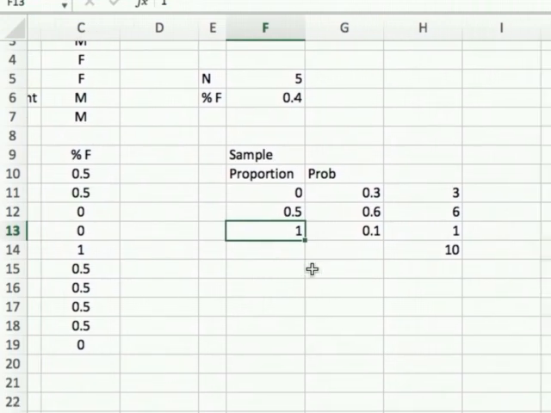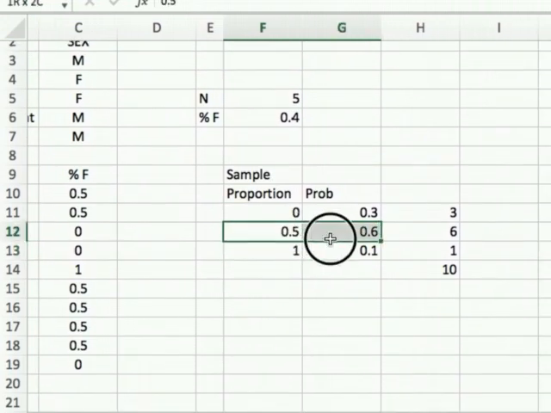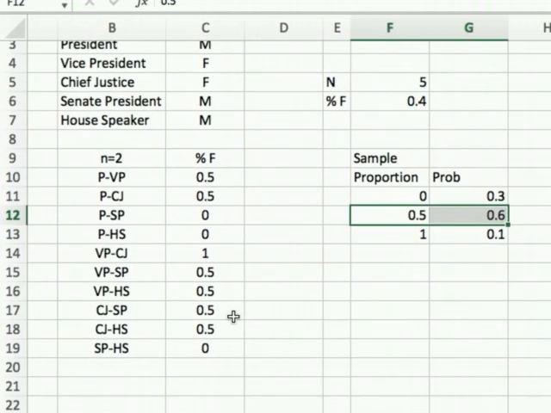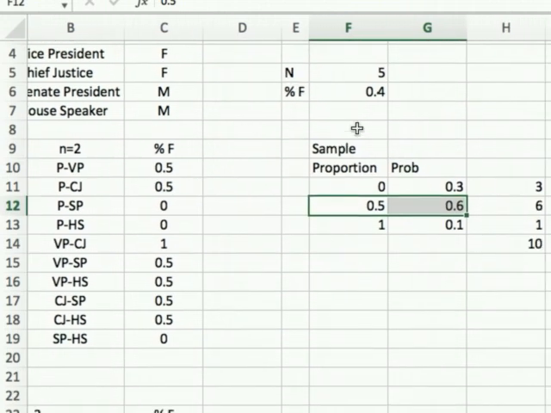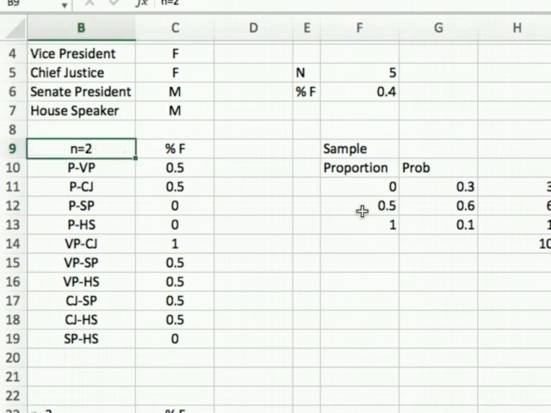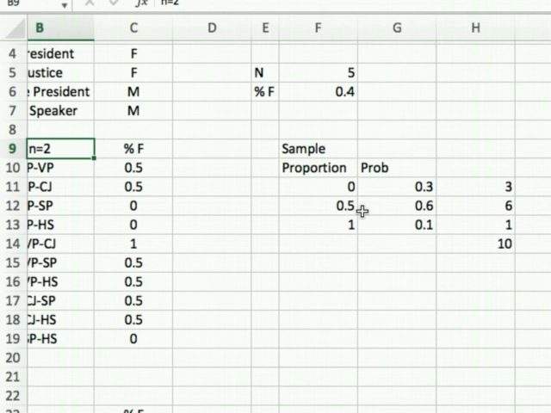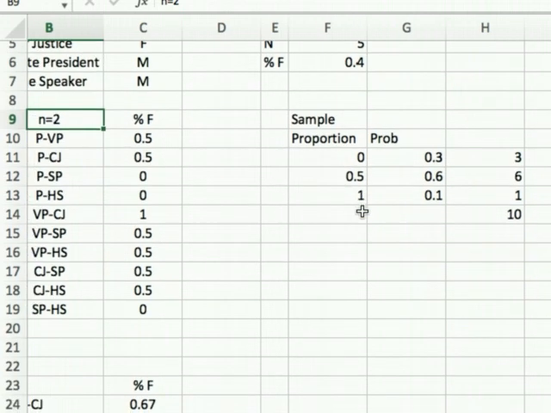So again, to interpret, this particular row means that if you randomly select 2 out of the top 5 government officials, the probability that 50% of the 2, or half of the 2, are females is 60%, or there is a 6 out of 10 chance that 1/2 of your sample of 2 will be females if you randomly select 2 out of the 5. So that's how we construct and interpret the sampling distribution of the sample proportion.